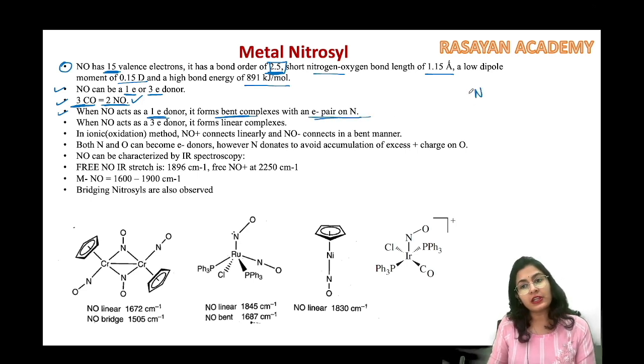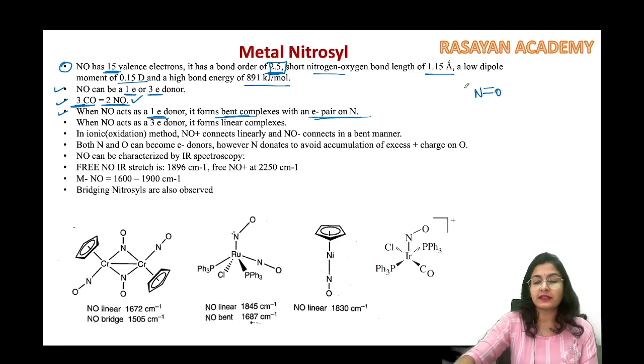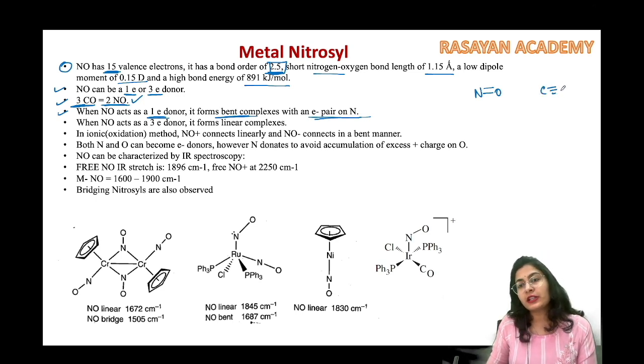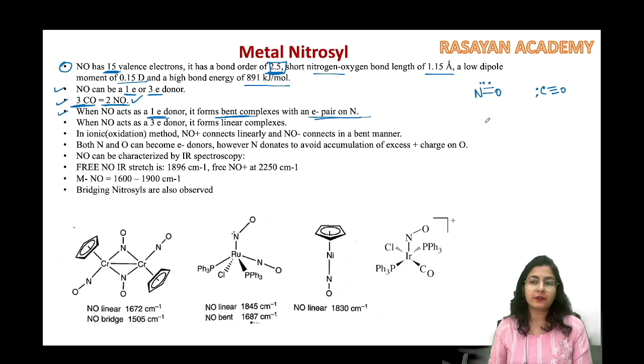So when you are actually drawing the nitrosyl structure, see how it is written. We used to write carbonyl like this, but we cannot write nitrosyl like this because nitrosyl has 3 electrons. There is an odd electron. That's why the bond order is 2.5.